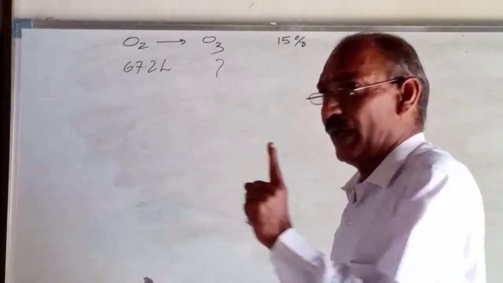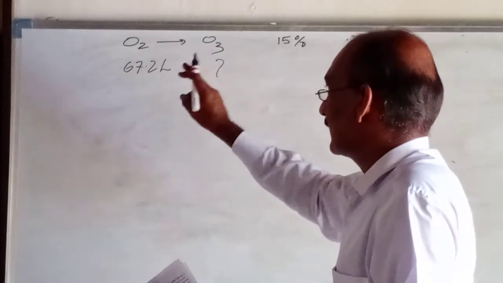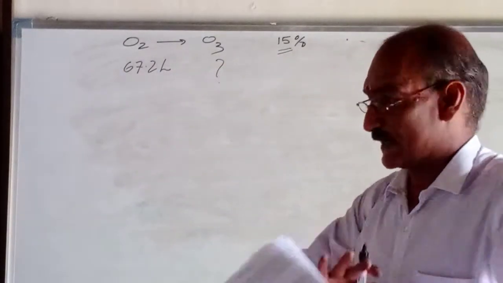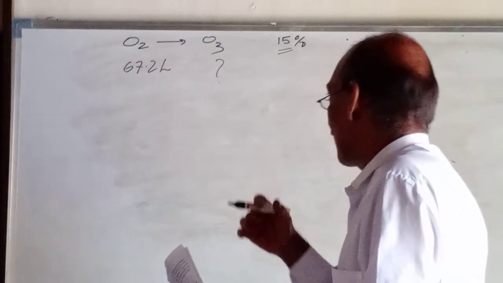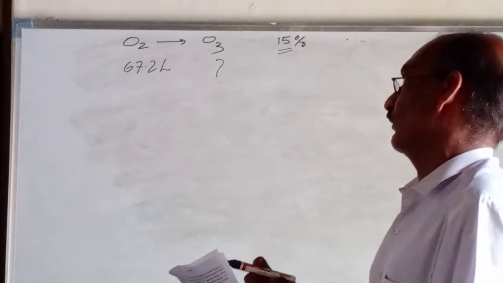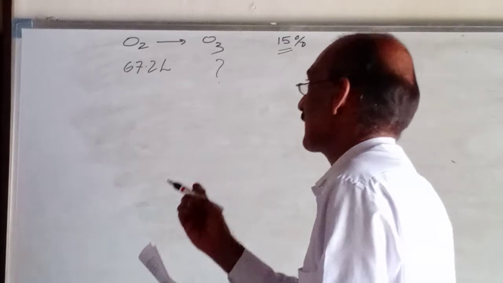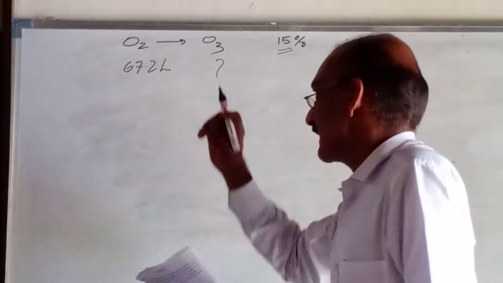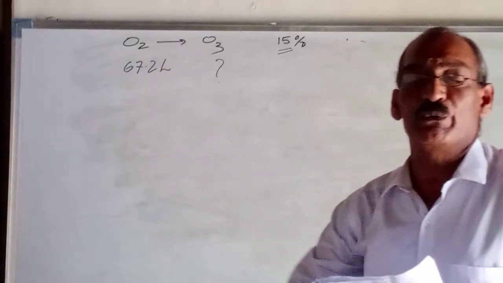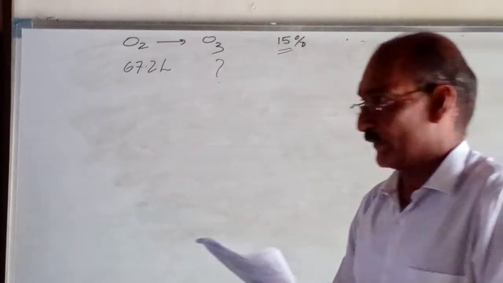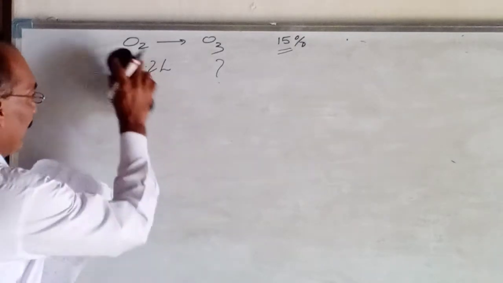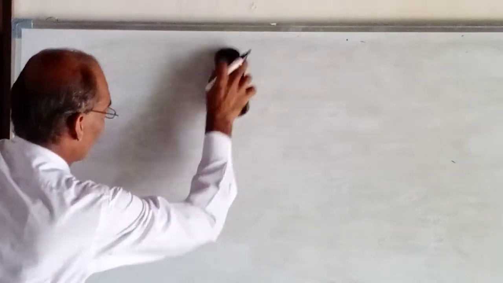They gave only one data. That is, oxygen changed to ozone to the extent of 15% only. But they are asking what is the mass of ozone that you can collect from 67.2 liter oxygen. So, here also we have to write the equation and make it balanced.